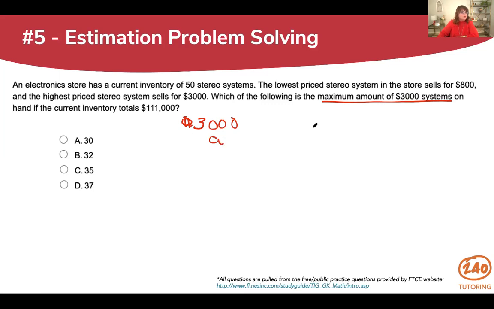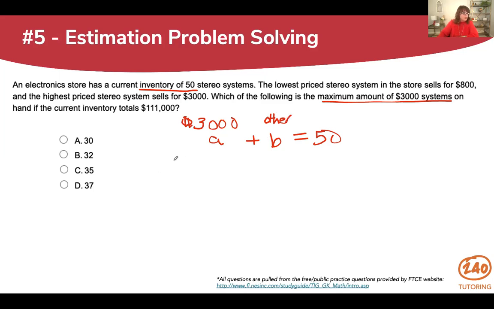It also told us that there is an inventory of 50 systems. So whatever's left, B, A plus B has to equal 50. So this is going to be the other stereo systems, whatever they are. Now I'm going to plug this in.